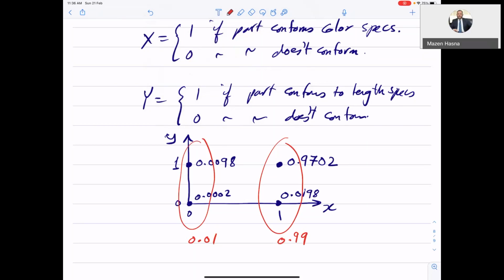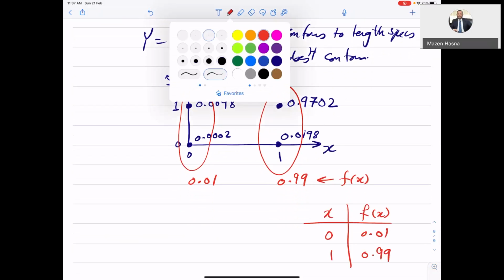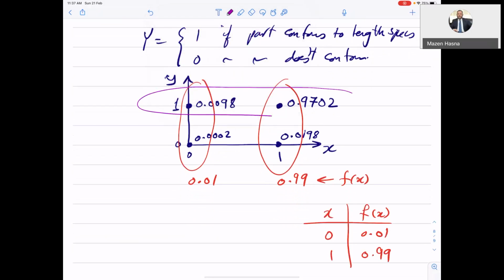So f of x: x can be 0 or 1, 0 with 0.01, 1 with 0.99. And then let's see y. I do it this way.